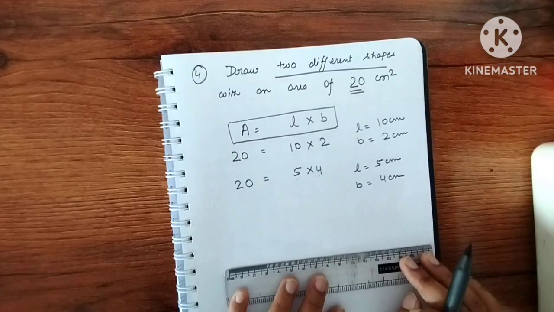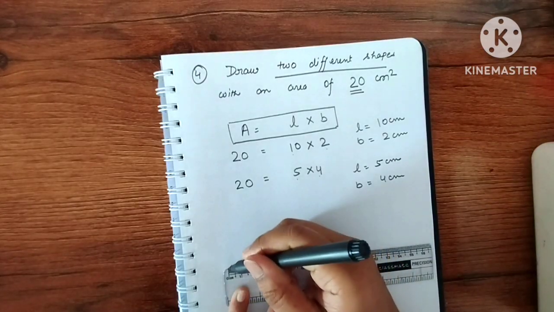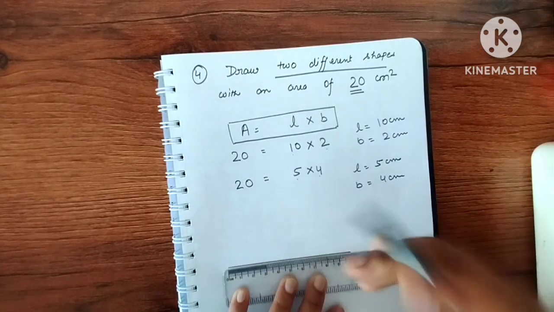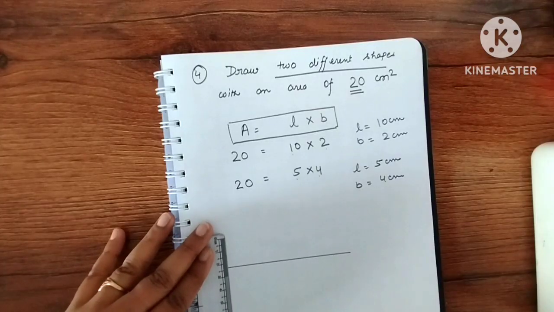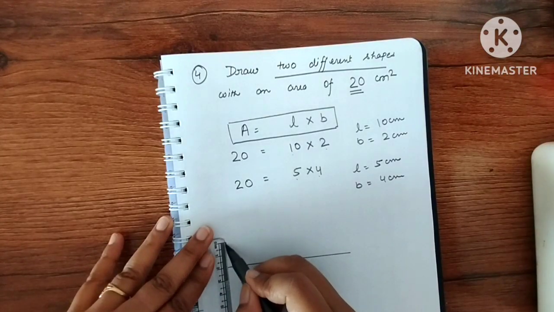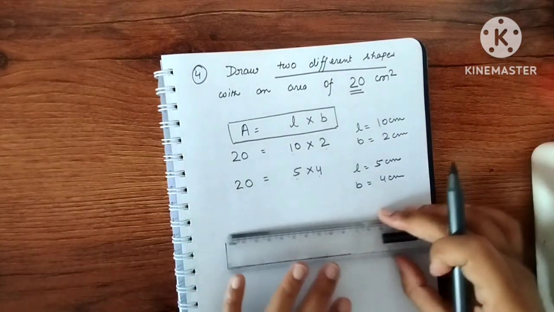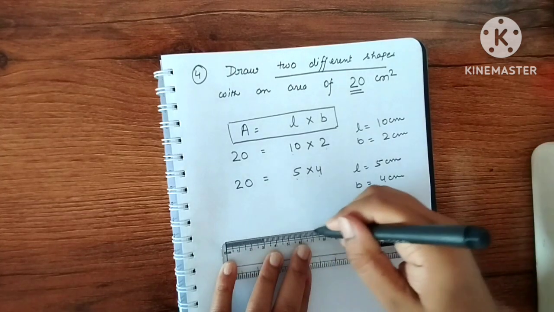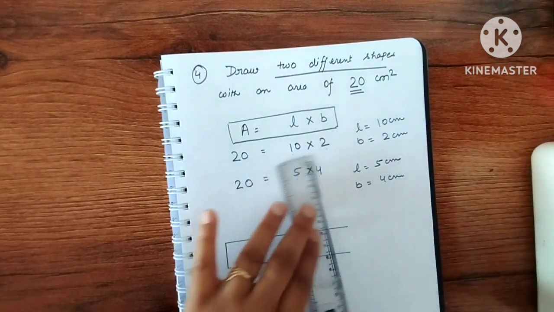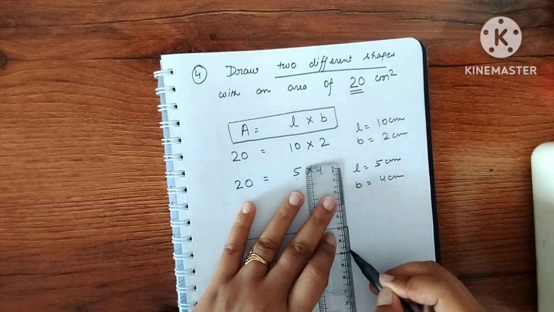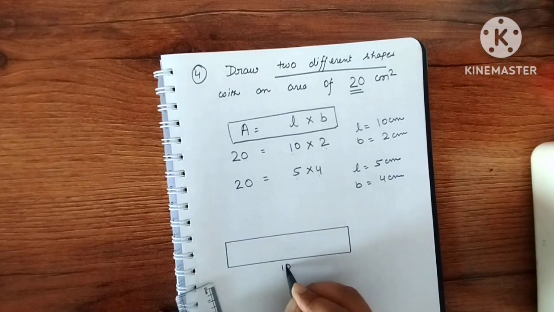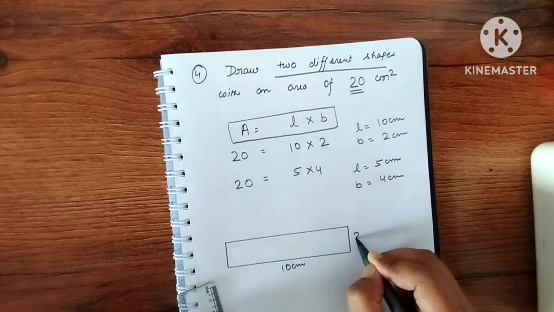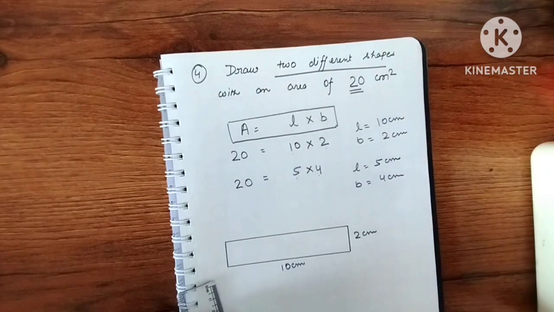So first of all, 10 centimeter is the length and 2 centimeter is the width. So this is my first shape. Okay, so length is 10 centimeter and the width is 2 centimeter. Clear?